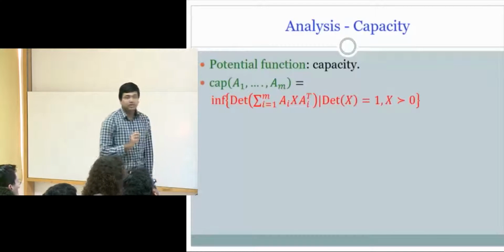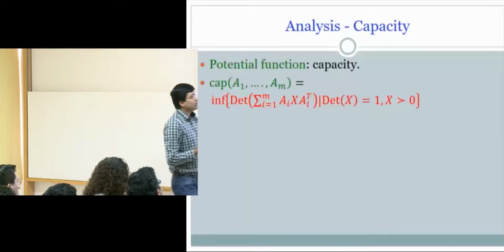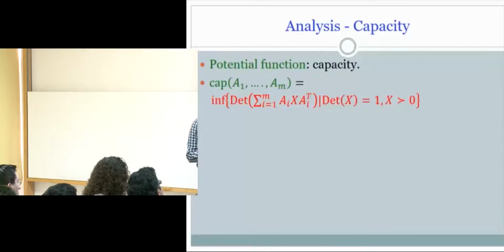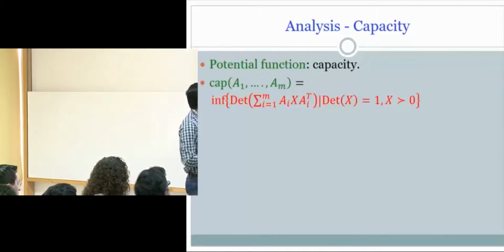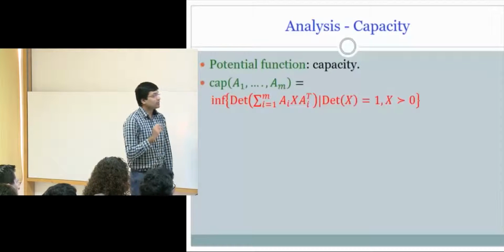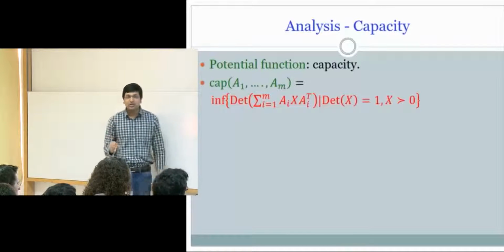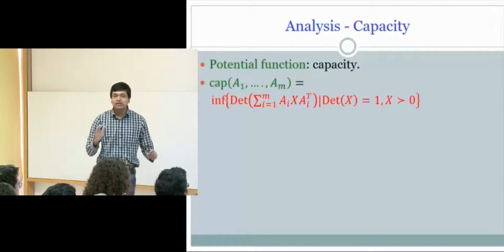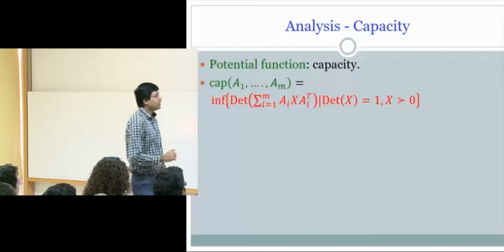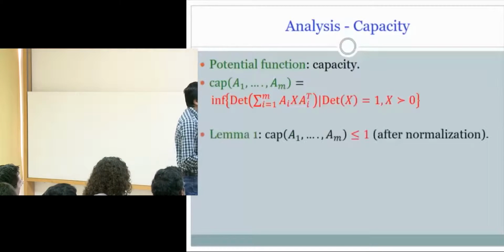You compute its determinant, and you see how much this action shrinks the determinant. So it's the infimum of the determinant of summation AI X AI transpose such that the determinant of X was originally 1. How much the determinant is being shrunk by this map. That's the potential function we use.